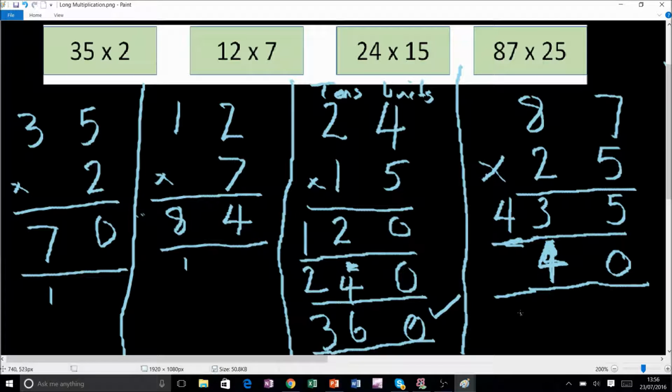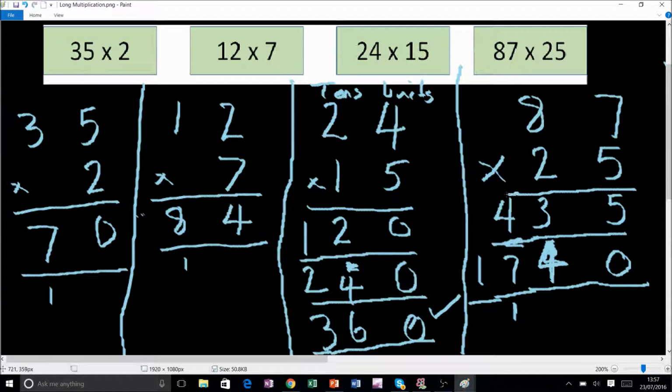So we're going to carry the 1 here. Now we're going to do the 2 times the 8, which gives us 16. 16 plus the 1 is going to give us 17. So we put the 7 there and we put the 1 there.